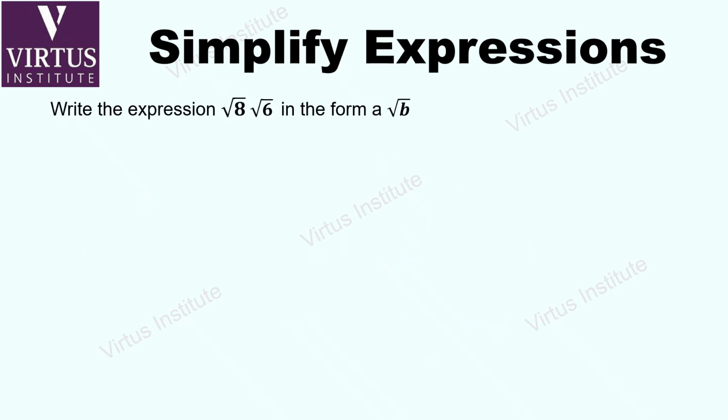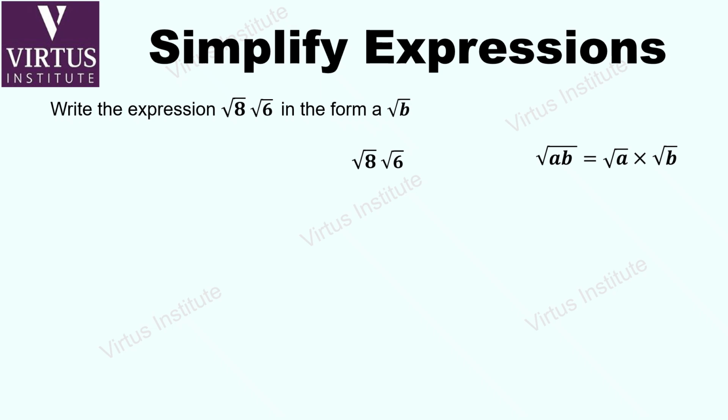Let's look at another example. To express square root of 8 multiplied by square root of 6 in the form of a multiplied by square root of b, where a is a number outside the square root sign and b is a number inside the square root sign, use the rule that the product of two square roots equals the square root of their product.